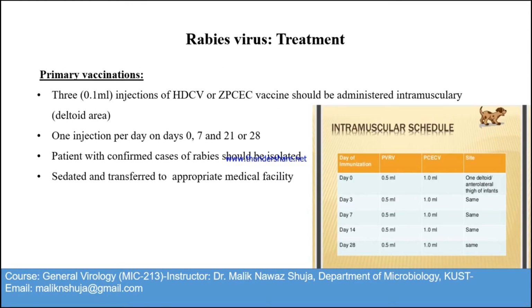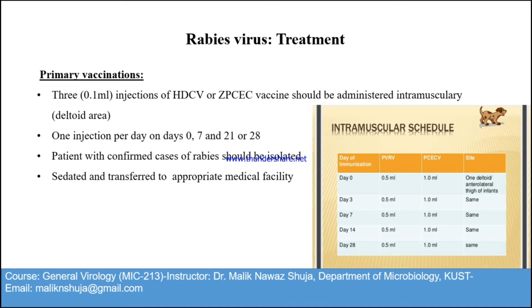If we are talking about the treatment, how to control this, HDCV or ZPCEC vaccines are usually used for the control or treatment of rabies virus in our society. Four or five injections are given at different intervals of time.